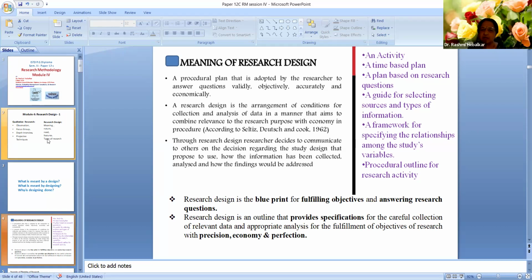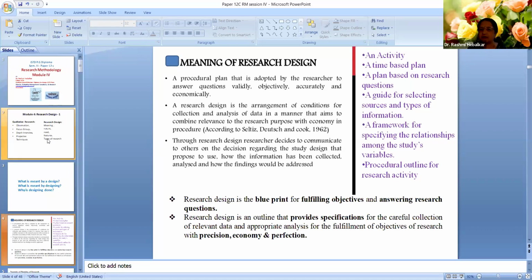Right? Now, right side in blue. It is an activity. It is a time-based plan. So the duration of the particular activity, the particular use, depending upon that, the design changes. A guide for selecting sources and types of information, a framework for specifying the relationship among the study's variables, and a procedural outline for research activity.